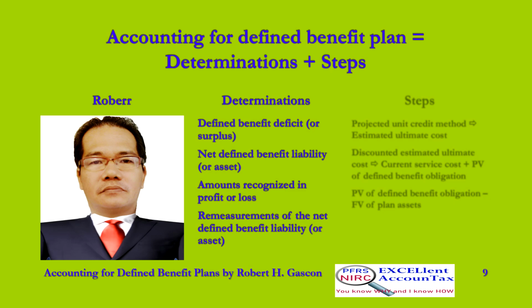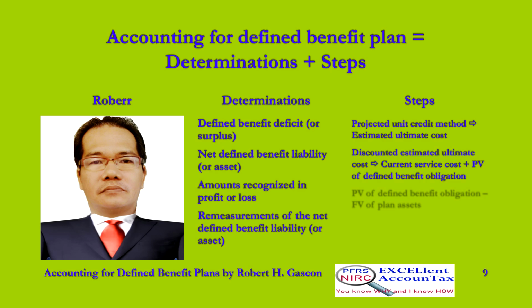And the remeasurements for actuarial gains and losses, remeasurements for return on plan assets, and remeasurements for any change in the effect of the asset ceiling. The defined benefit deficit, or surplus, is determined through these steps. The projected unit credit method is used to faithfully represent the estimated ultimate cost to the reporting entity of defined benefits earned by employees for services rendered in prior and current reporting periods.